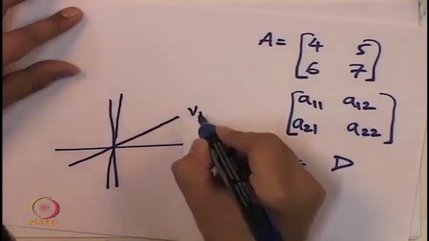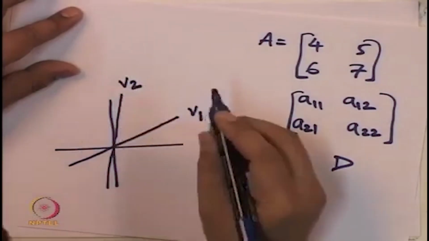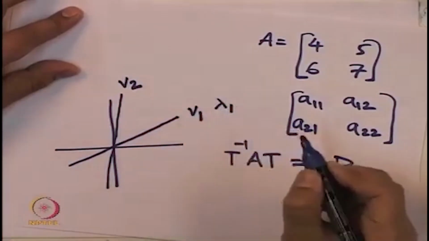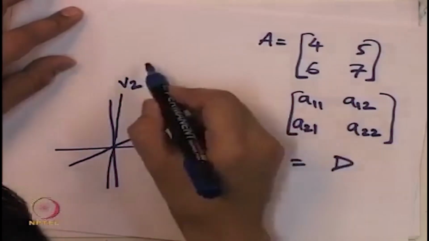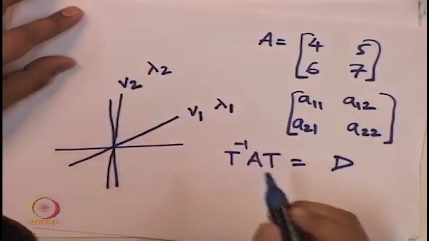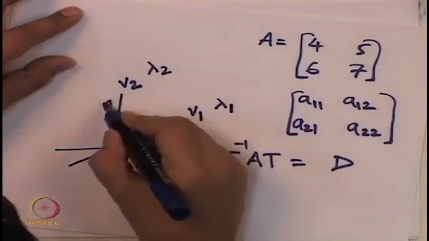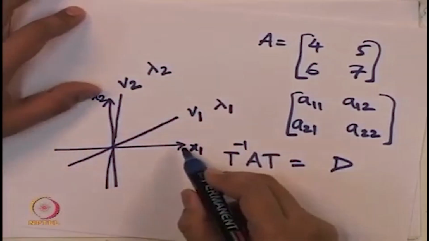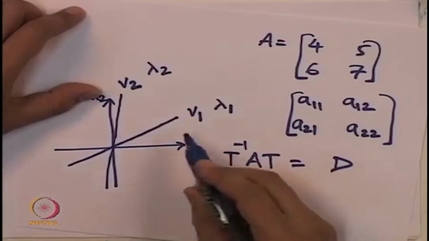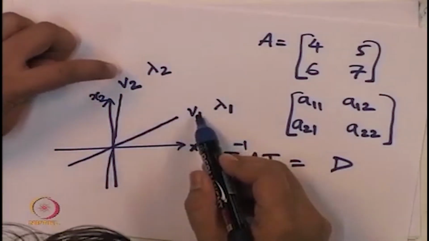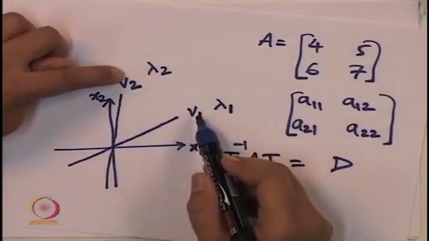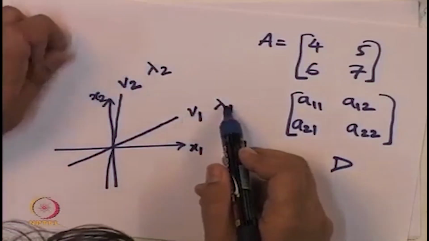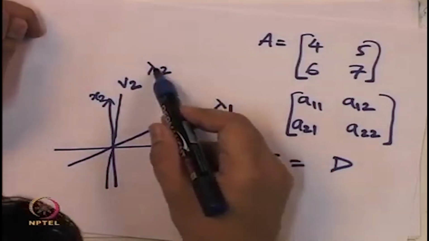Suppose this is eigenvector V1, this is eigenvector V2, and this eigenvector corresponds to the eigenvalue lambda 1 and this one to eigenvalue lambda 2. These are the x1, x2 axes. These are not the eigenvectors. More generally, eigenvectors are vectors V1 and V2 which may or may not be perpendicular to each other. These eigenvectors correspond to eigenvalues lambda 1 and lambda 2.